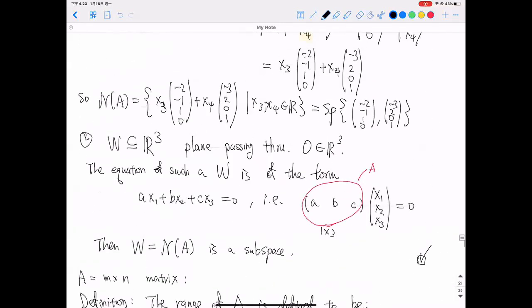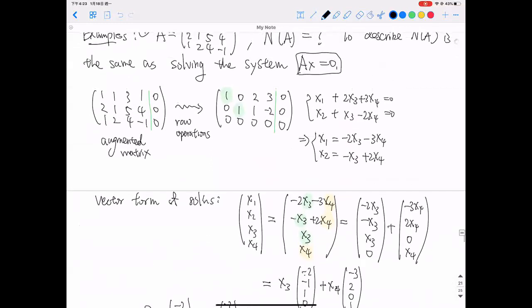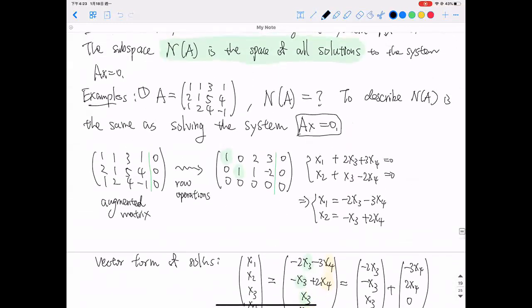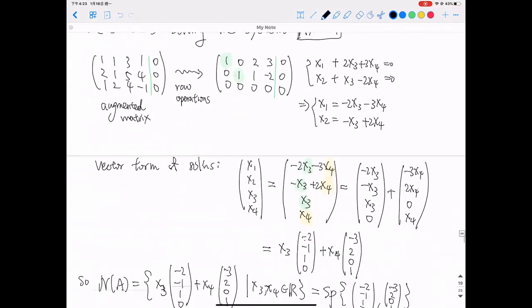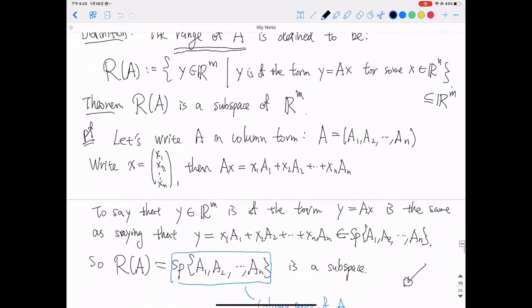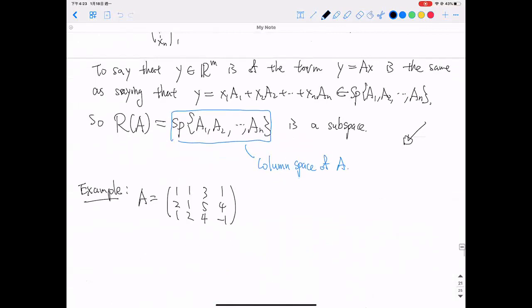And of course, we've seen it already in this example right here, and there's a good reason for that, which we'll come to in a minute.